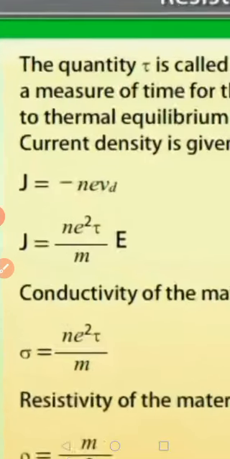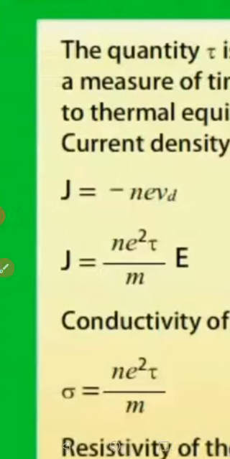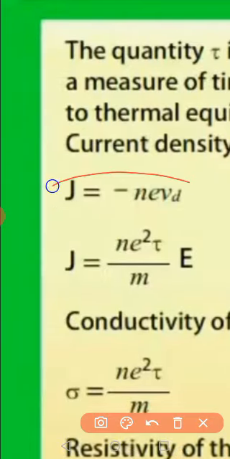And now you can directly see the relation J equals sigma E, where sigma is the conductivity, and it is directly proportional to the drift velocity. With the help of this relationship you can understand. So if the drift velocity decreases, then the conductivity will also decrease, because all these things, N, e and all other things, are constant for a particular material.